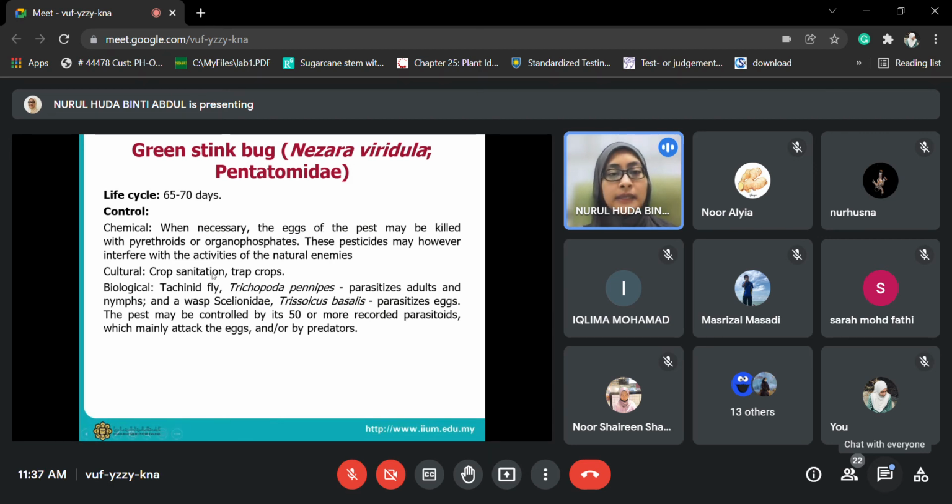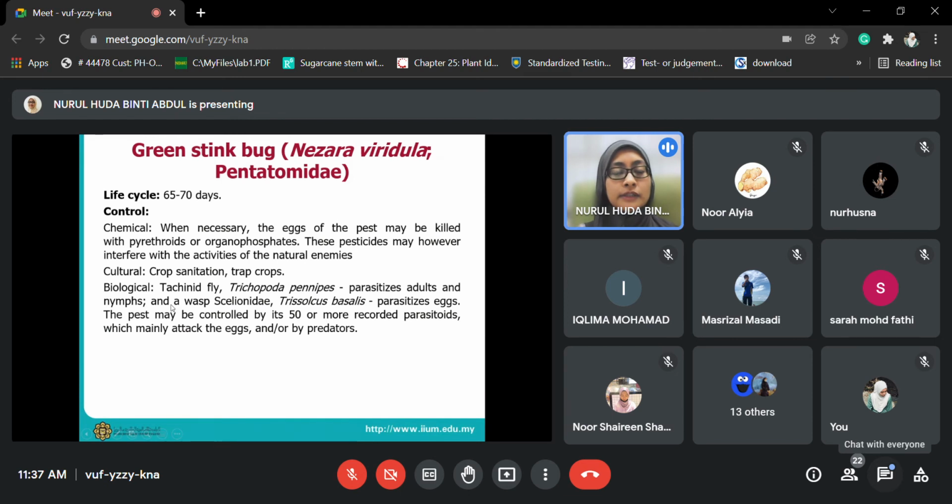That's why chemical only used when necessary. Okay, and then for cultural control, we can do crop sanitation. We can plant trap crops. Trap crop is where crop yang mungkin boleh menarik perhatian dia lagi lah, instead of pergi dekat your harvested crop. Itu we call it trap crop.